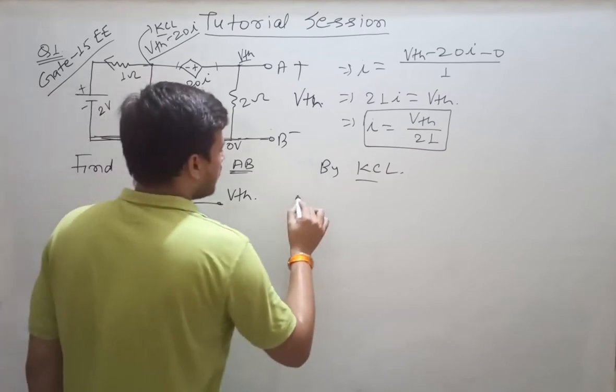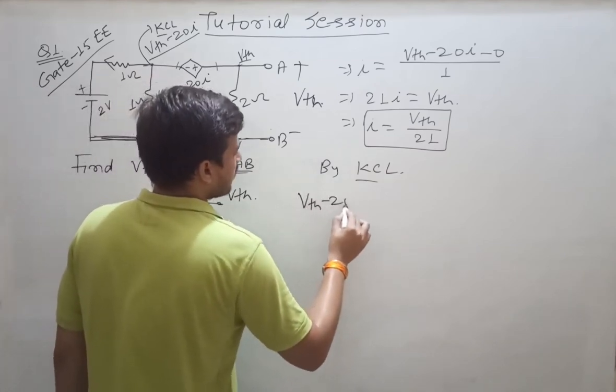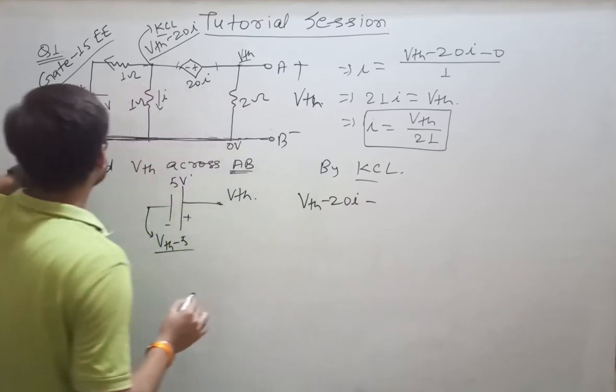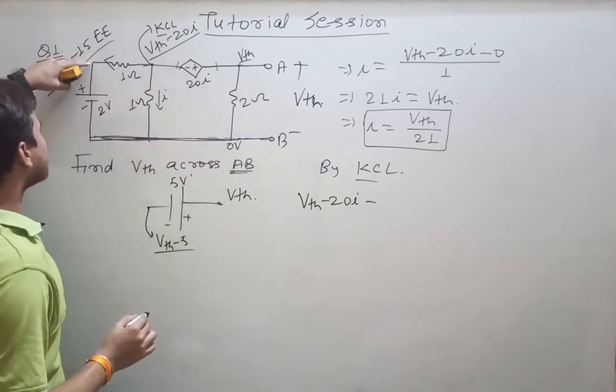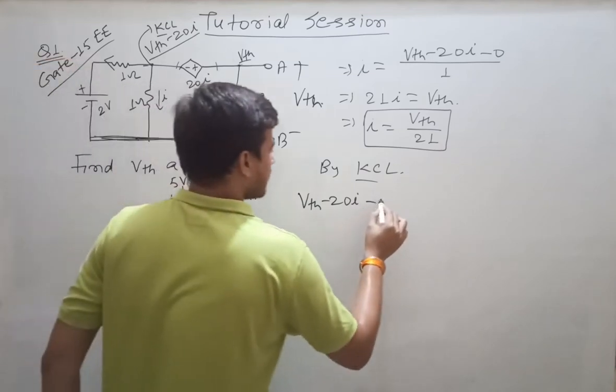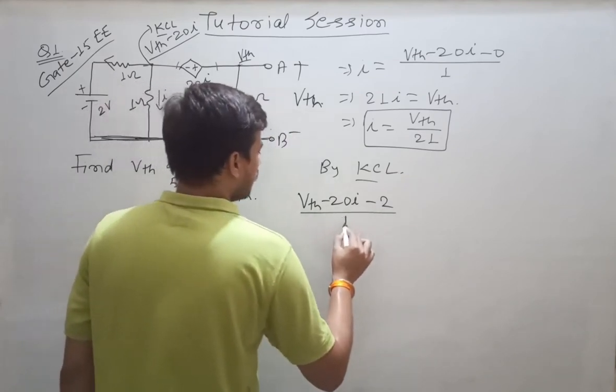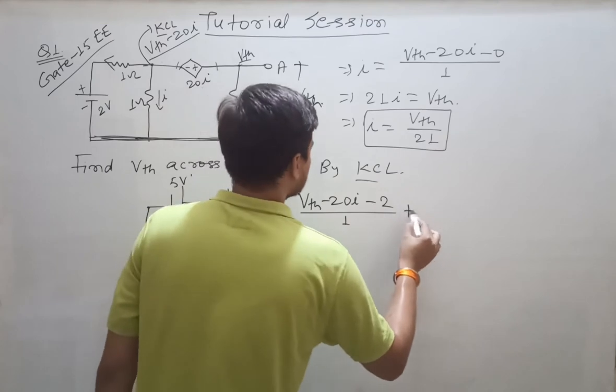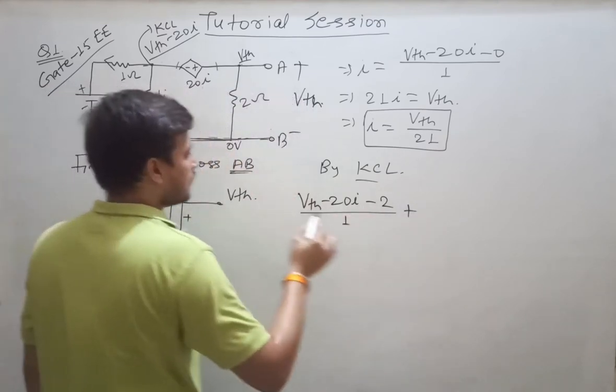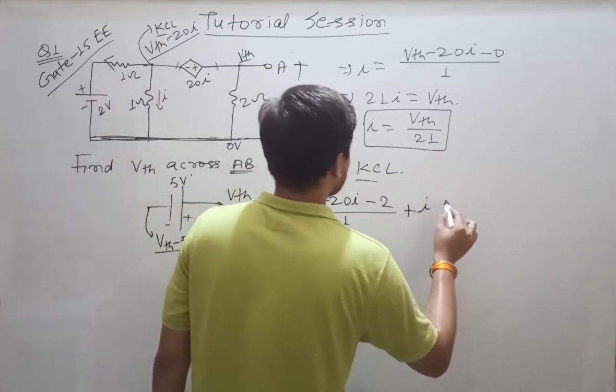Here it will be (VTH minus 20I minus potential of this point). This point's potential is 2 volt. So minus 2 divided by 1, plus this current, which is your I. Let us write I plus.